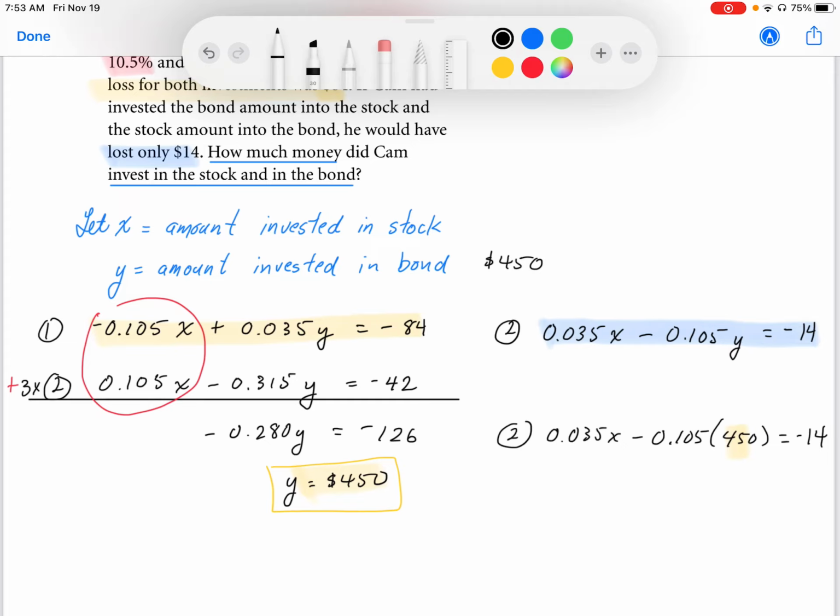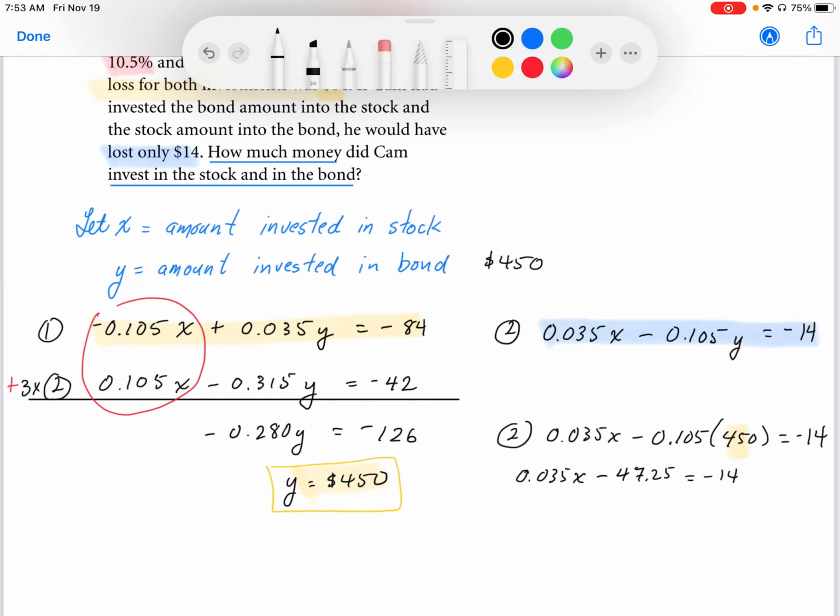Okay, so 0.105 times 450 is $47.25. So I'm going to end up with 0.035x minus 47.25, and that's equal to negative 14.